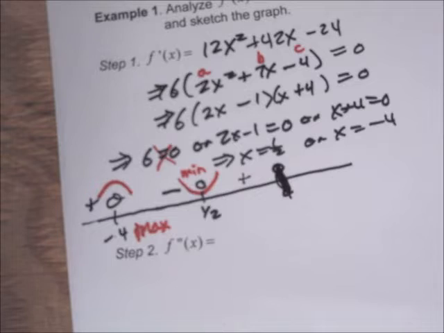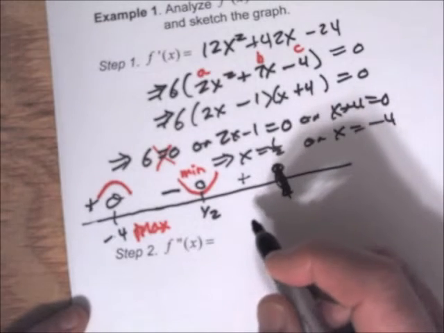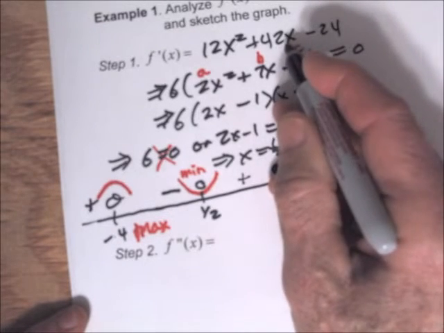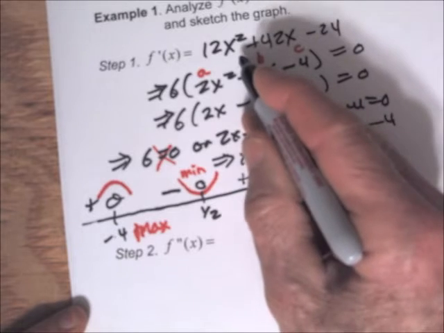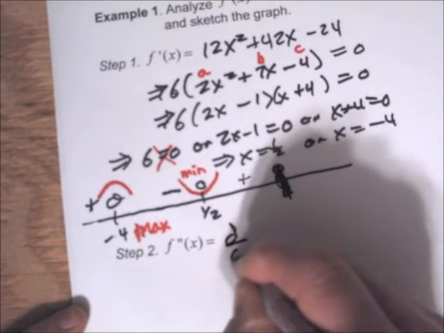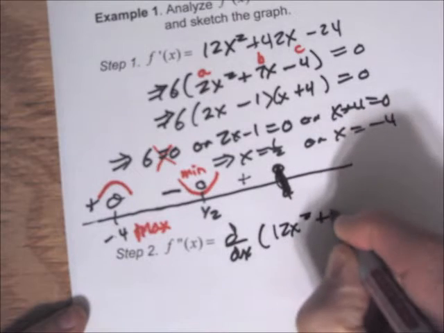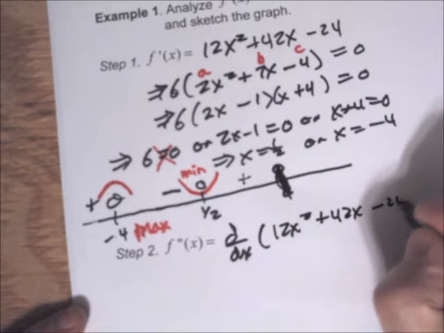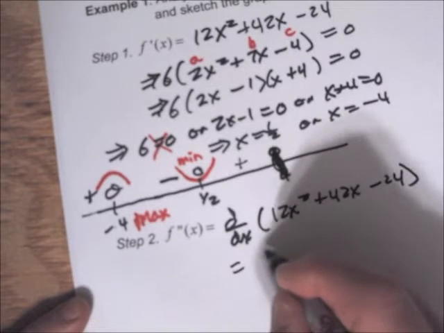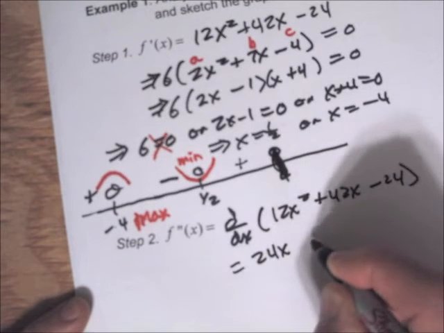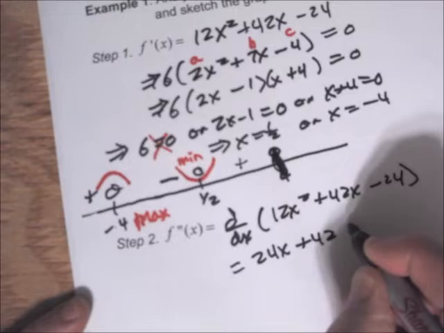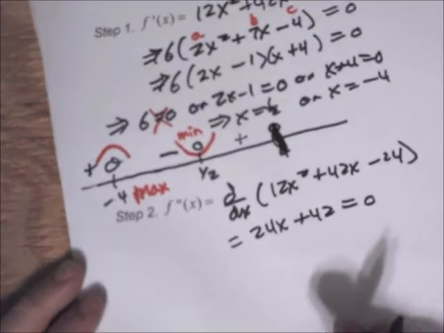The second derivative: take the derivative of the derivative. So the derivative of the first derivative, 12x squared plus 42x minus 24, is going to be 24x plus 42, and we want to know where that's equal to 0.